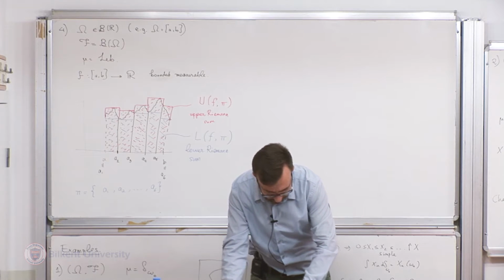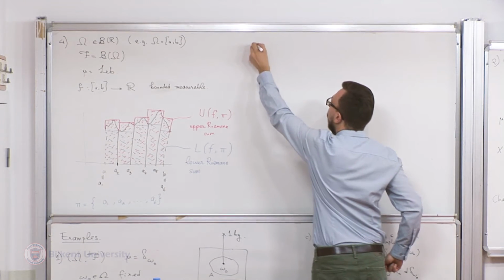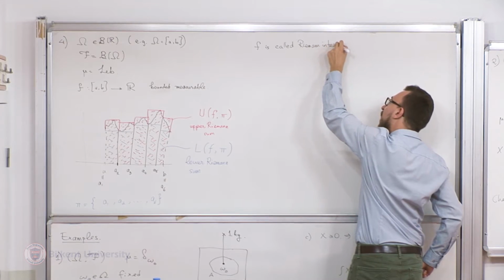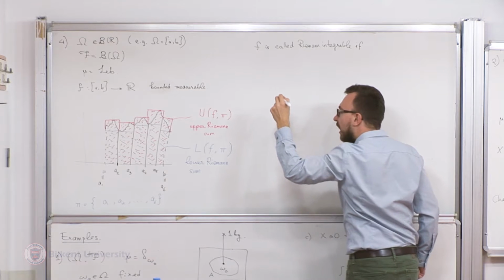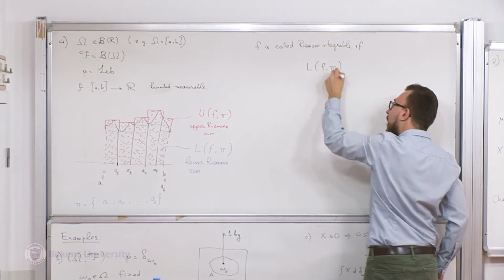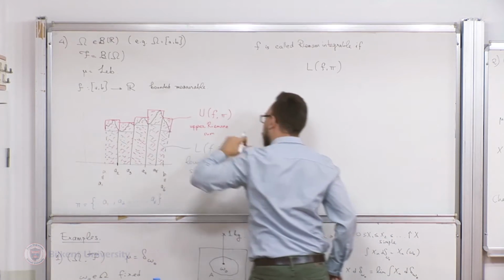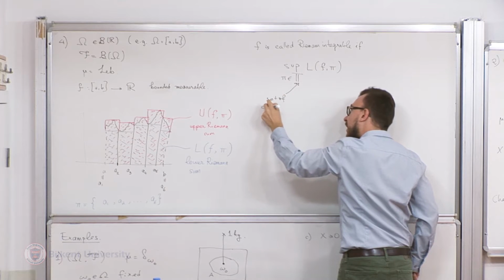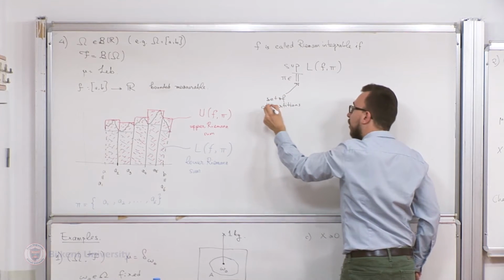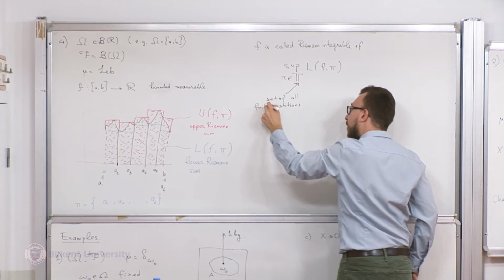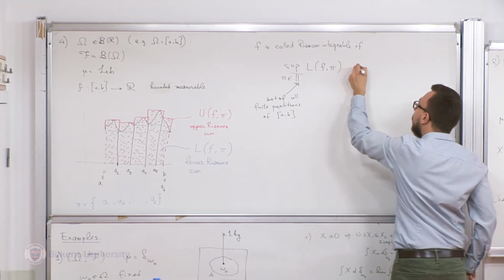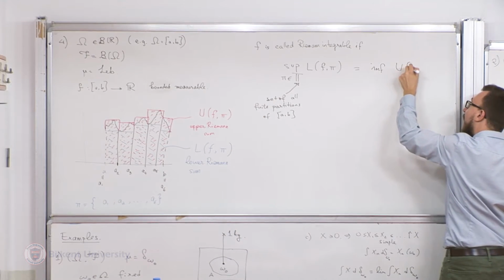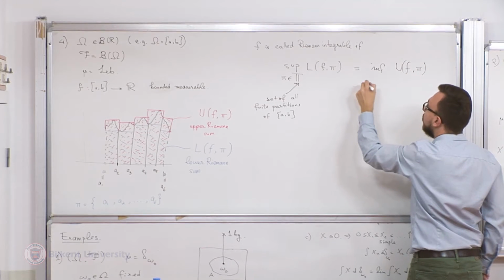Now, we say f is called Riemann integrable if the largest possible lower Riemann sum that you can obtain using the set of all partitions, all finite partitions, I should say, of A to B, is equal to the lowest possible upper bound that you can get by the upper Riemann sums.